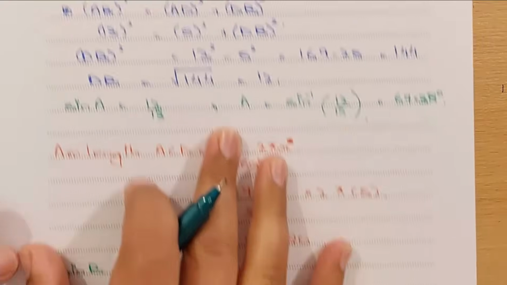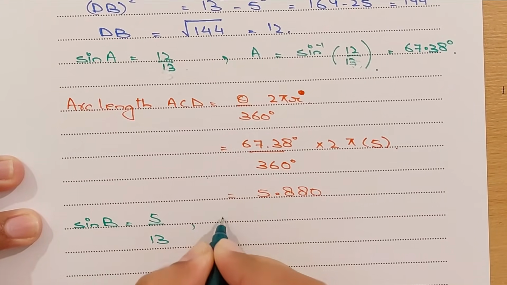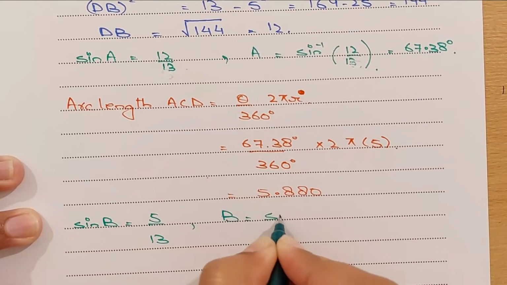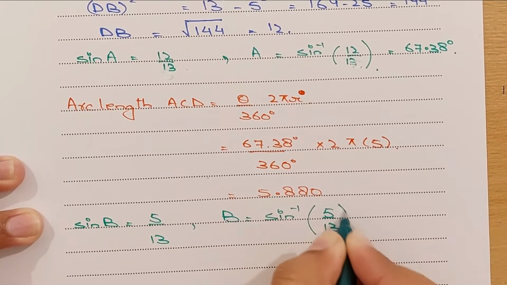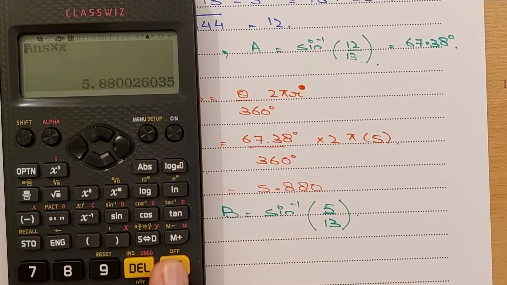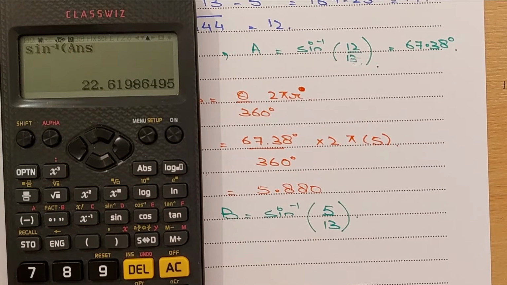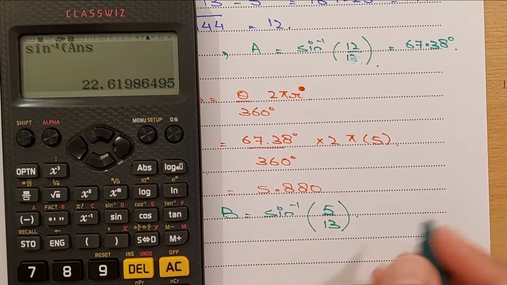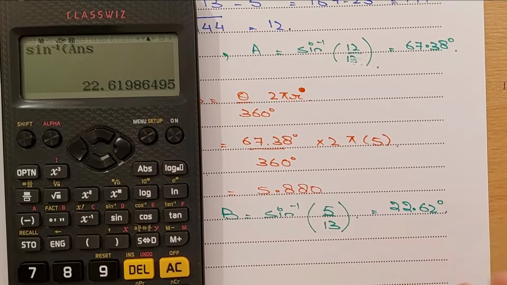Opposite is 5 and hypotenuse is 13, so sine B is 5 by 13, or B is sine inverse of 5 by 13. If you did the first angle in degrees, keep the second in degrees as well. Sine inverse of 5 over 13 is 22.61, or we can say 22.62 degrees.